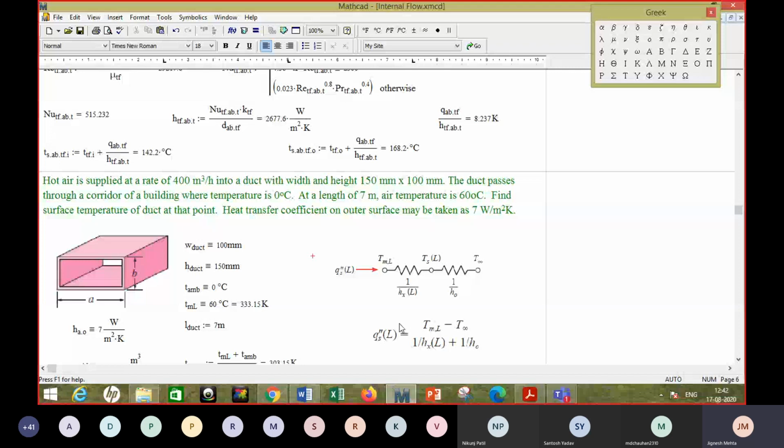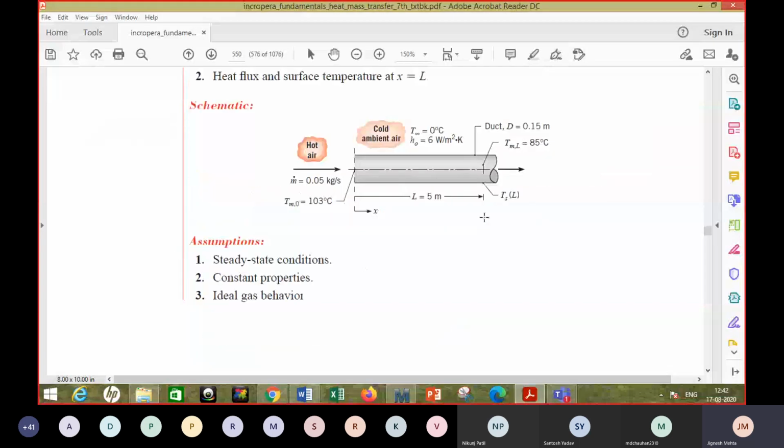So sometimes you are talking about internal flow. Now in all cases of internal flow, it need not always be circular geometry, right? You may come across other types of geometry also. So in that case, what is the value of Nusselt number?